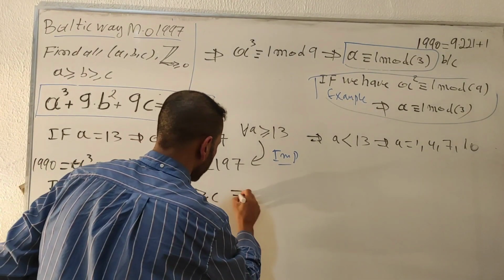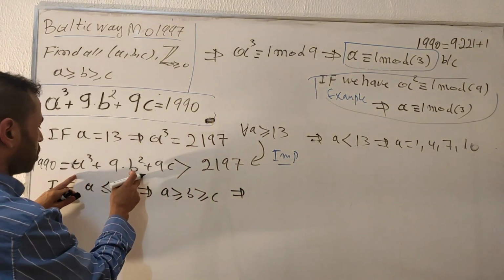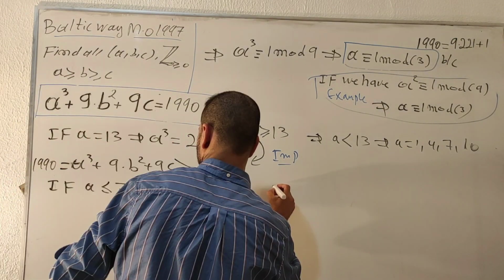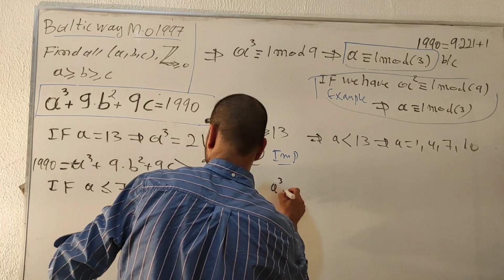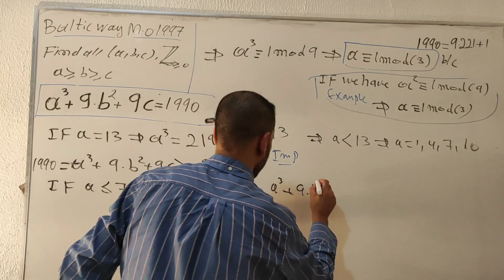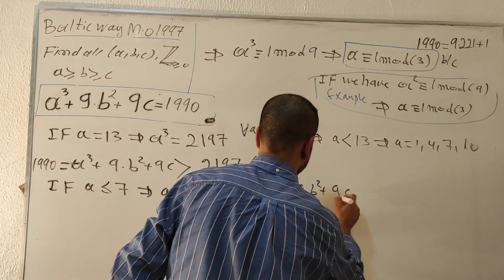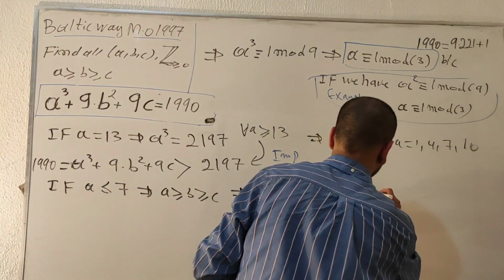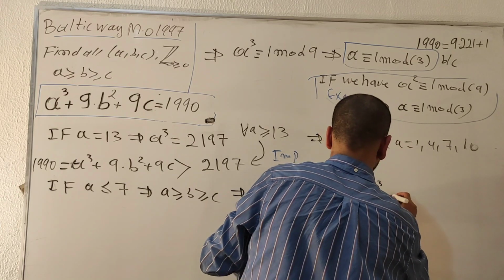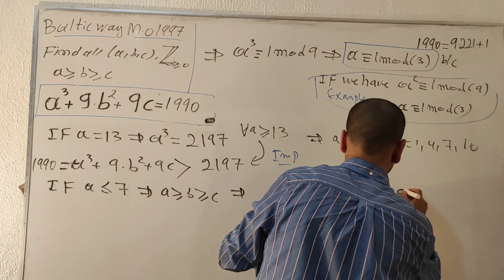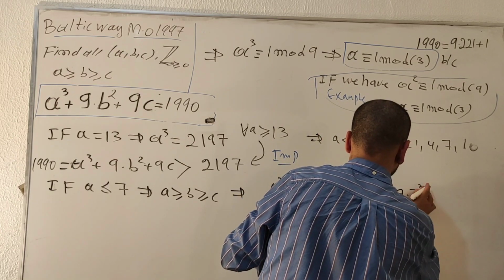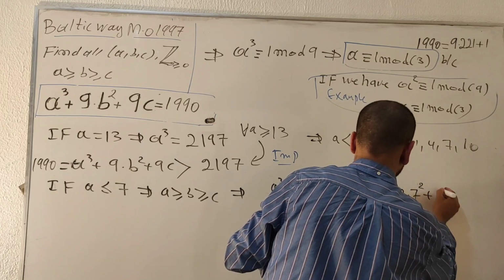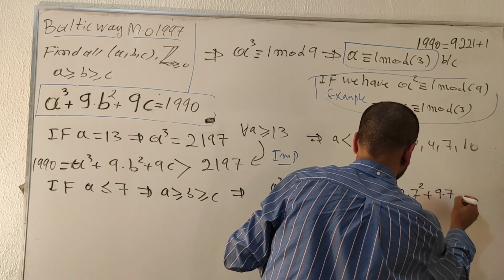So if I replace this into this equation here, I get a cubed plus 9b squared plus 9c, which is strictly less than 7 cubed plus 9 times 7 squared plus 9 times 7.